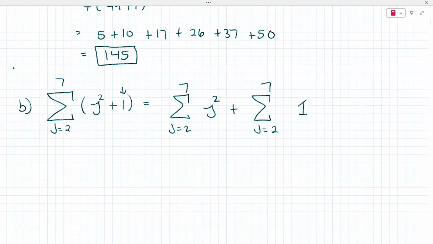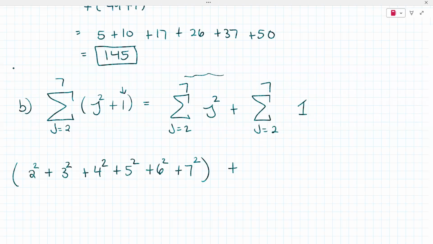Okay, so let's do the first one right here. You start at 2 and end at 7. So it's going to be 2 squared plus 3 squared plus 4 squared plus 5 squared plus 6 squared plus 7 squared, right?